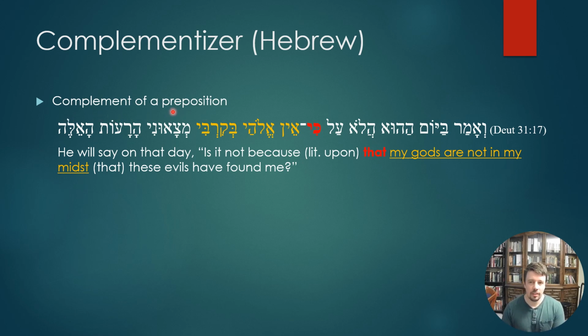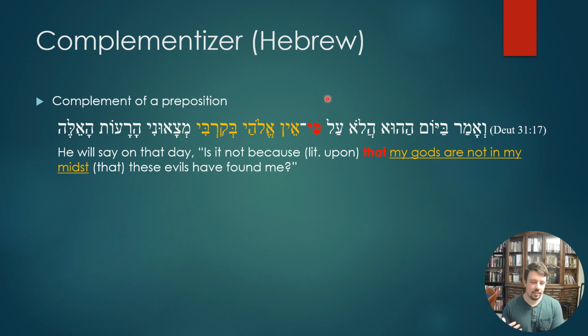So, what is the reason that these evils have found him? Well, his gods aren't with him. And this is introduced by al ki, which is on account of the fact that, or because my gods are not with me, these evils have found me out. So that's one of their idioms for explaining cause and effect.